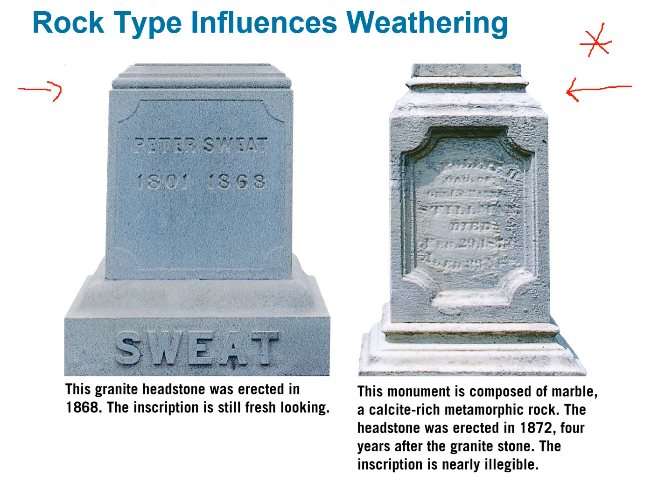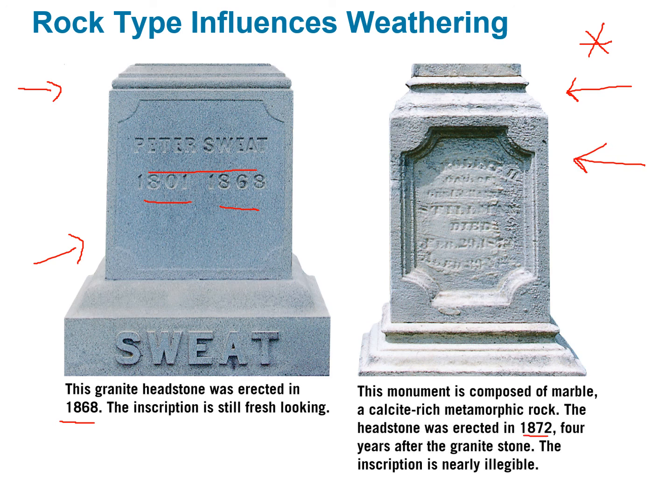Okay. This is a granite with a limited amount of feldspar in it. It was erected in 1868, and we can still read who this person was, 1801 to 1868. Peter Sweat, I'm guessing, is how you pronounce his name? Anyways, someone went all fancy and chose marble for their headstone, and they died four years after Peter Sweat.